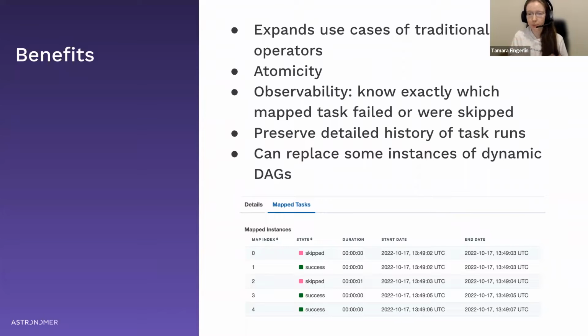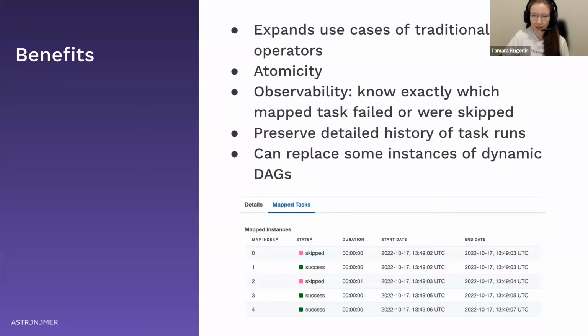So you know exactly which ones were skipped, which ones succeeded, and you can preserve this history over all of your DAG runs. So if you run this DAG every day, and after a month you want to look back how many mapped instances happened a month ago and which of those succeeded, you can do that, which is not possible if you have a monolithic task. And dynamic task mapping can replace some instances of dynamic DAGs.